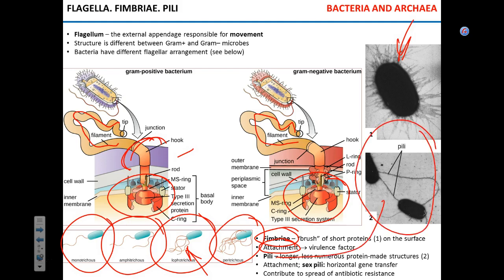Here you can see two pili, one pilus and another pilus, connecting two bacterial cells. Those are sex pili. They contribute to genetic exchange between bacterial cells. Does that make sense? You clear? So pili are unique in this case. They provide a direct way to transport genetic information between two bacterial cells.